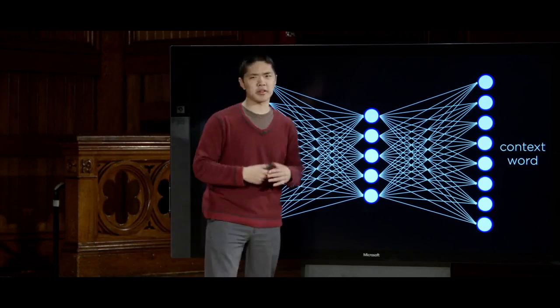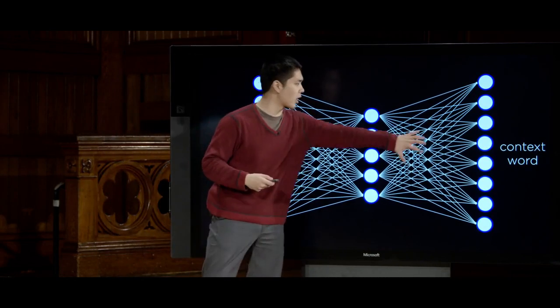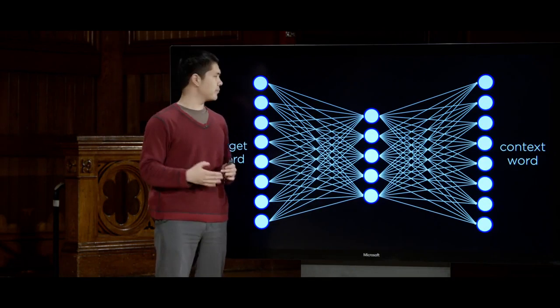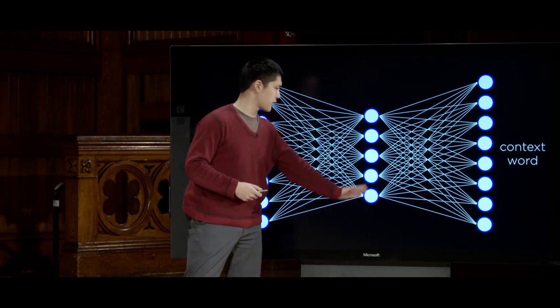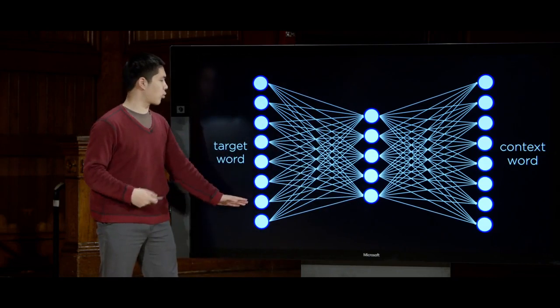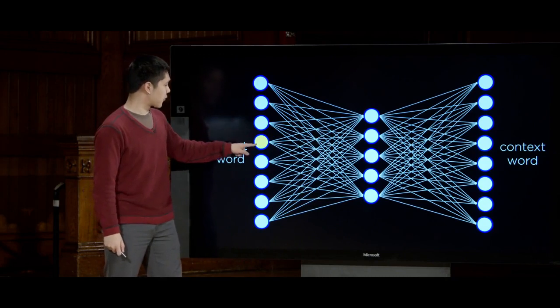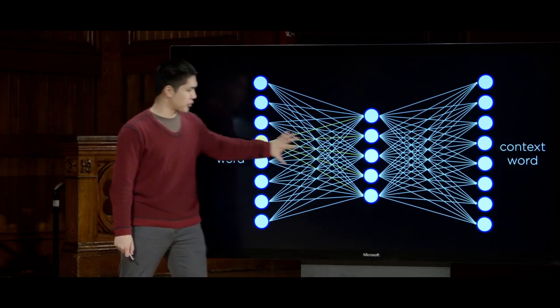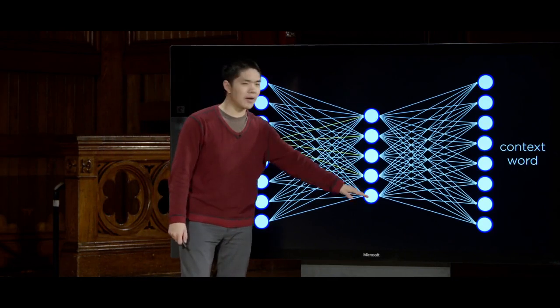And it will do so using the same methods we've talked about, back-propagating the error from the context word back through this neural network. And if we use just a single layer of hidden nodes, for every single one of these words, for example this word, I get 5 edges, each of which has a weight to each of these 5 hidden nodes.